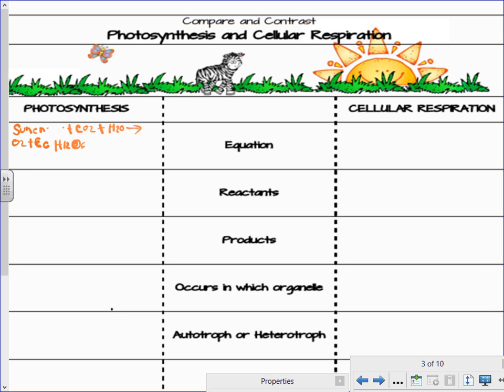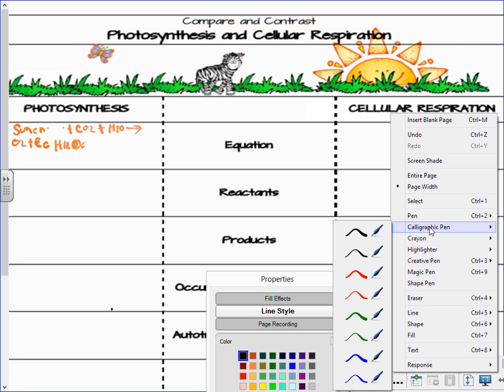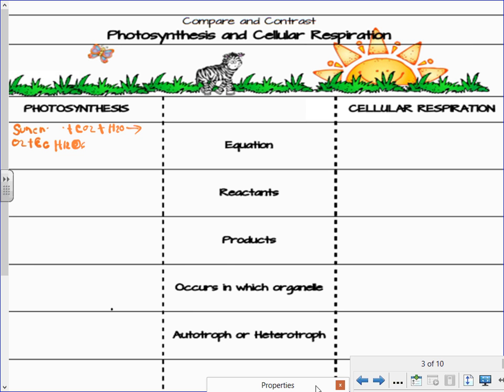Very good. Another member from group 7. Let's do the other side for cellular respiration. Come on, Kayla.